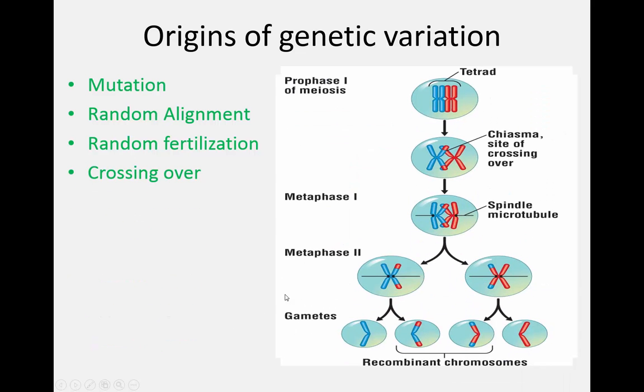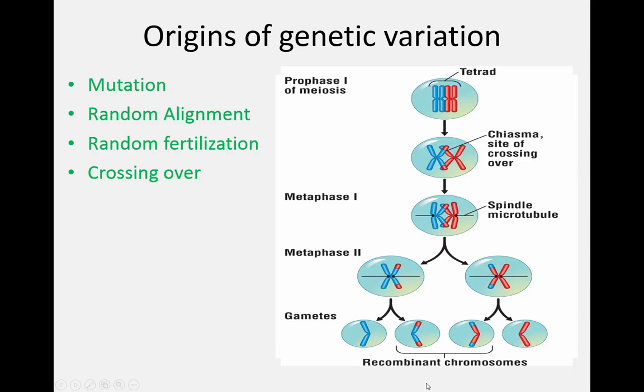Another thing to add into the possible combinations, which makes it a mind-boggling statistic to think about, is crossing over. So remember when we had some of the paternal, or blue, we're coloring it here, exchange with some maternal red, that's crossing over, and you get recombinant chromosomes. You can see that term down at the bottom of the figure.